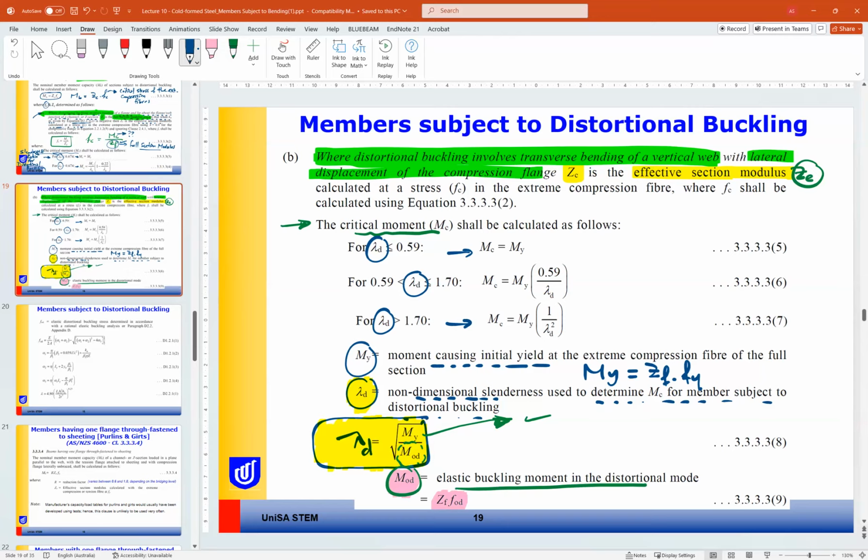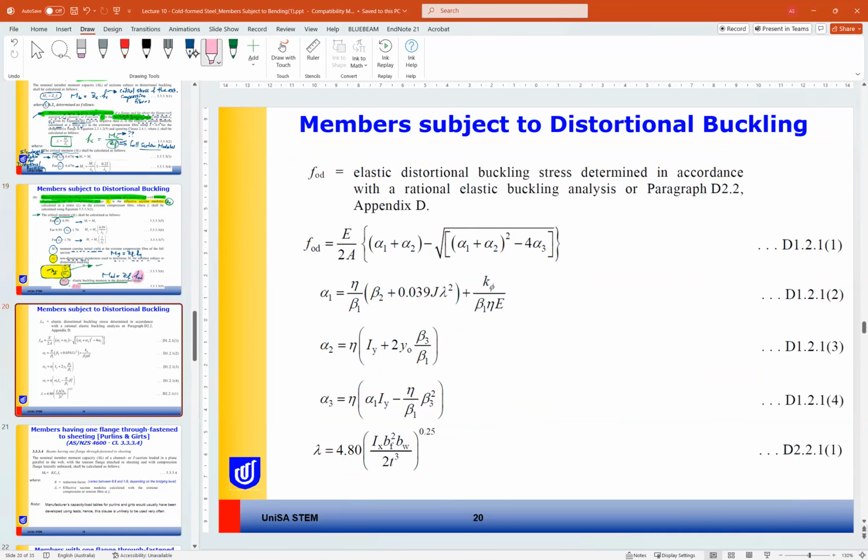So we have MOD equal to Z full section modulus multiplied by FOD, where FOD is our target now, the elastic buckling stress, or the elastic distortional buckling stress determined in accordance with a rational elastic buckling analysis or paragraph 2.2. So FOD, again, elastic buckling stress for distortional buckling mode, using paragraph 2.2.